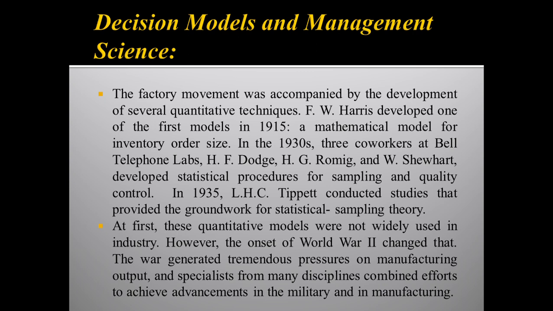In the 1930s, three co-workers at Bell Telephone Labs, H. F. Dodge, H. G. Romig, and W. Shewhart developed statistical procedures for sampling quality control. In 1935, L. H. C. Tippett conducted studies that provided the groundwork for statistical sampling theory.